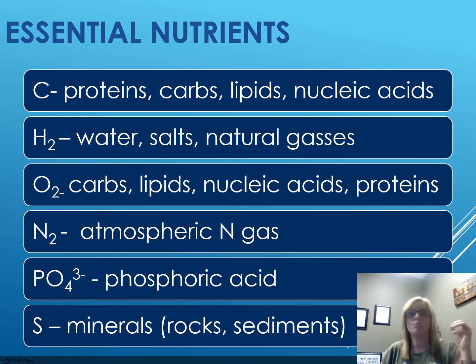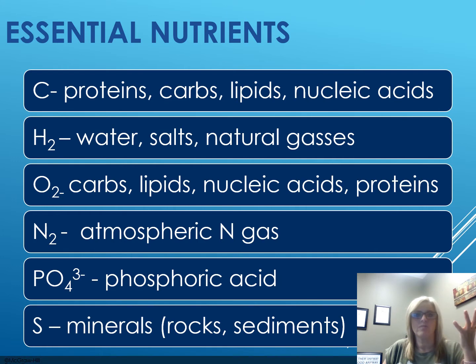Hydrogen is going to be both produced and used by microbes, and it helps maintain pH and forms hydrogen bonds and acts as an energy source in cellular respiration. So it's very important, and it is obtained from water, salt, natural gases. Oxygen is extremely important for enzyme functioning and can also be obtained from inorganic salts like sulfates, phosphates, nitrates, or water, and is about 20% of the atmosphere and can be found in those 4 macromolecules.